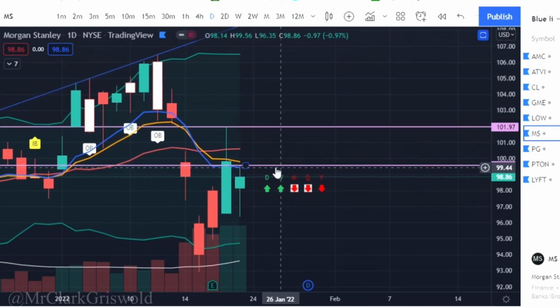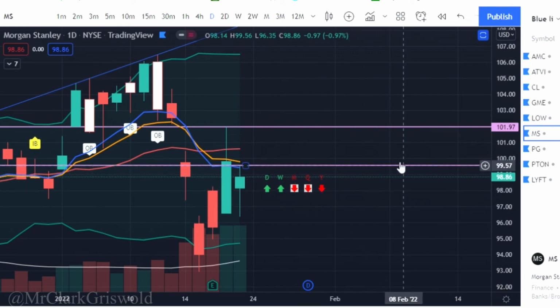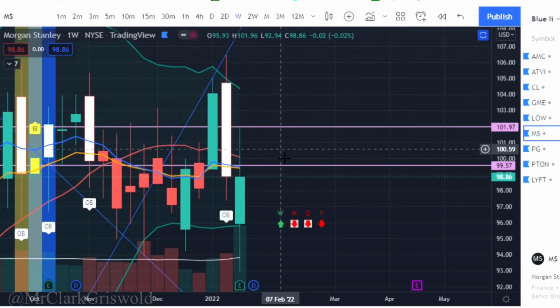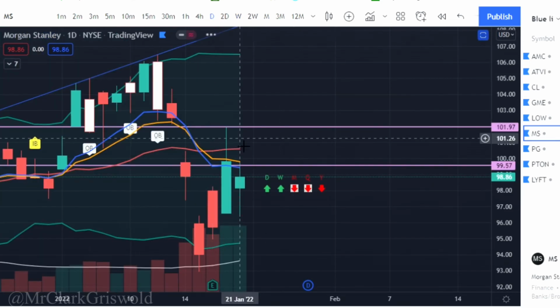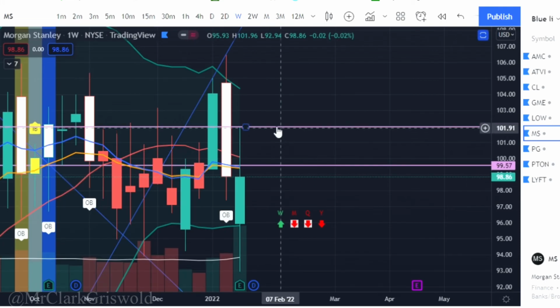So again, I'd be looking for a reversal here at 99.57, buying calls. You can look for targets at 101.97. And I'm guessing if I go to the weekly here, same thing. We look at the day, and we break this high and hit this target. You can look for a continuation higher on the weekly, as that is also the target on the weekly for the reversal.